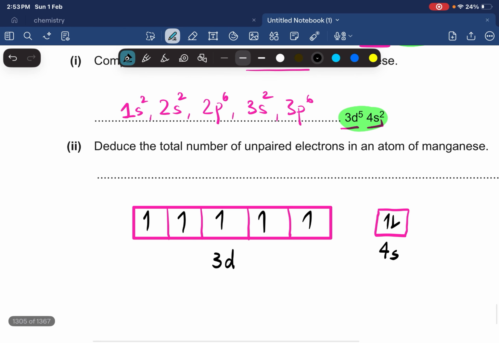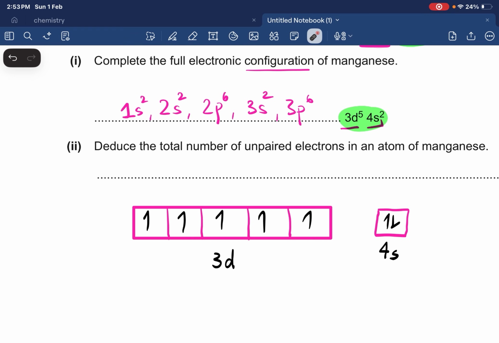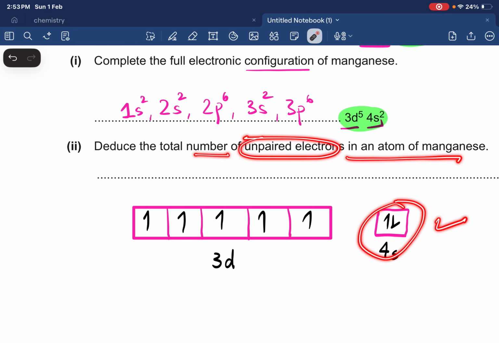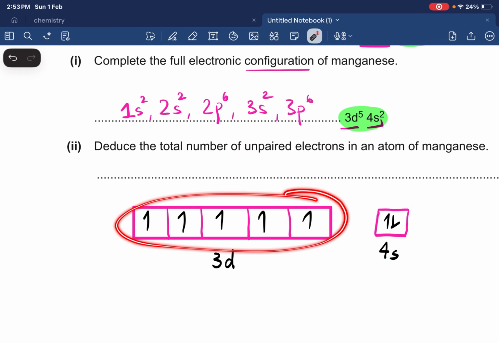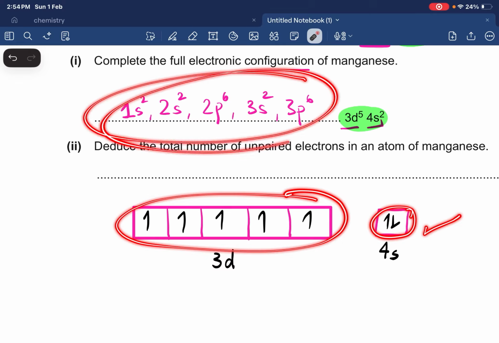So you can see for yourself, we have to deduce the total number of unpaired electrons in an atom. The 4s electrons, they're paired. So there are only these 5 electrons, 1, 2, 3, 4, 5 electrons that basically lack a pair. They don't have a pair. So these 5 electrons are your unpaired electrons. This 4s electron is paired, and all these remaining electrons, they're also paired.